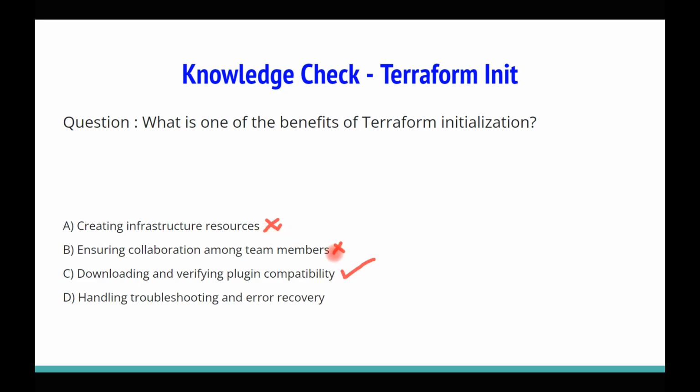Next, ensuring collaboration among team members is not correct because it's not the primary purpose, although indirectly it contributes to collaboration, it is not the primary benefit. Next, handling troubleshooting and error recovery is not the primary benefit either, because it just prevents issues. It doesn't troubleshoot or recover from errors. So these are not correct answers. Our answer is option C.